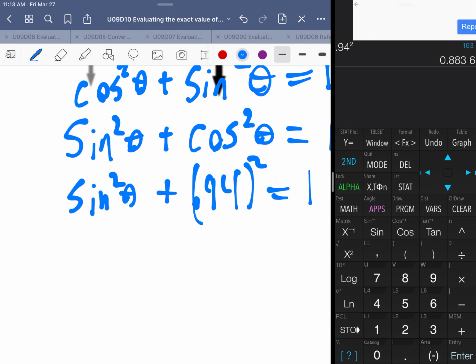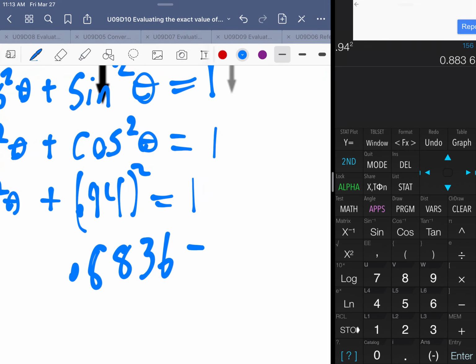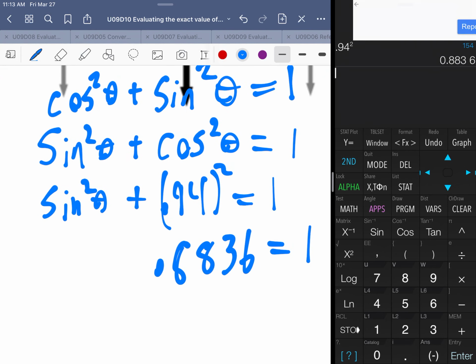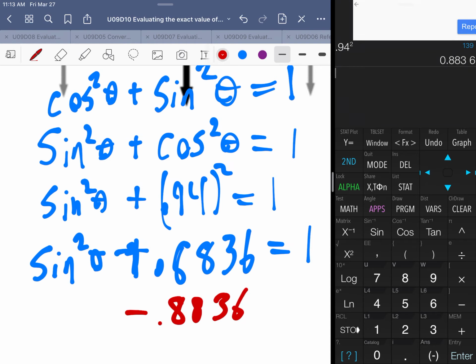So that's 0.8836 plus sine square theta equals 1, because nothing's changed here. I need to get sine square theta by itself. So I'm going to subtract the 0.8836 to the other side.